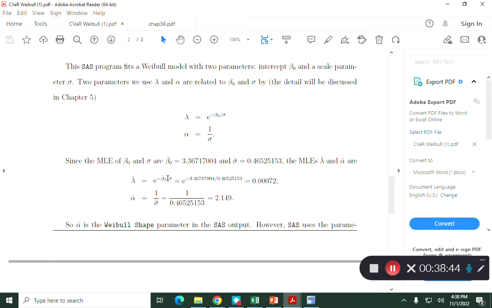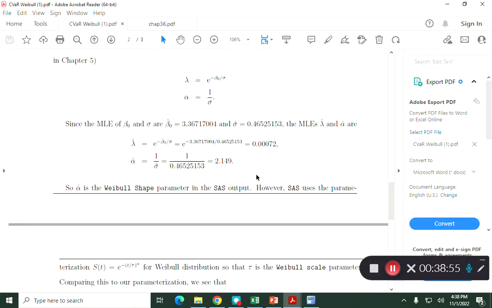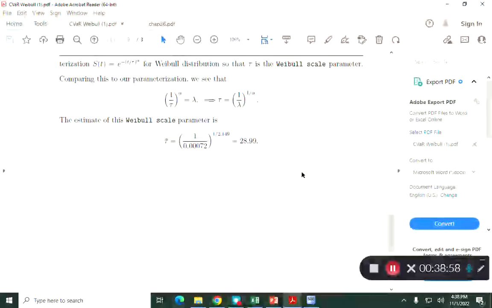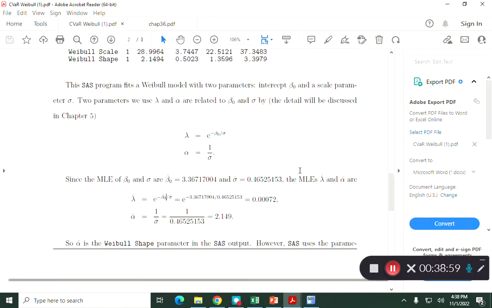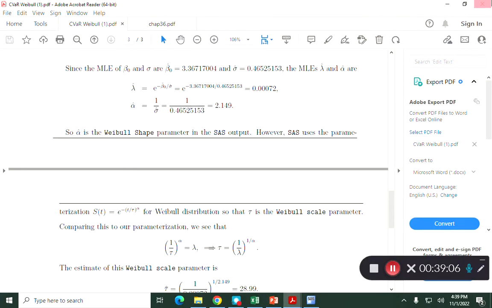Whatever beta you talk about, beta 1, beta 2, beta 0, needs to be weighted by the scale, sigma. Okay? And other than that, we can basically turn this into something we can plot.